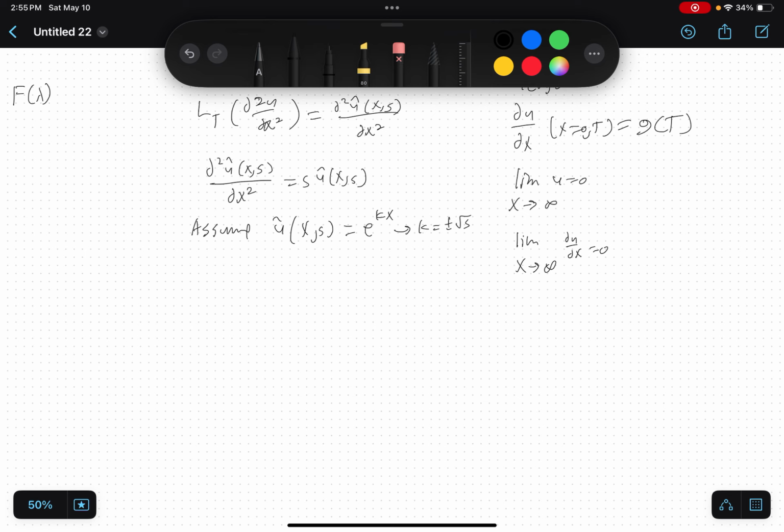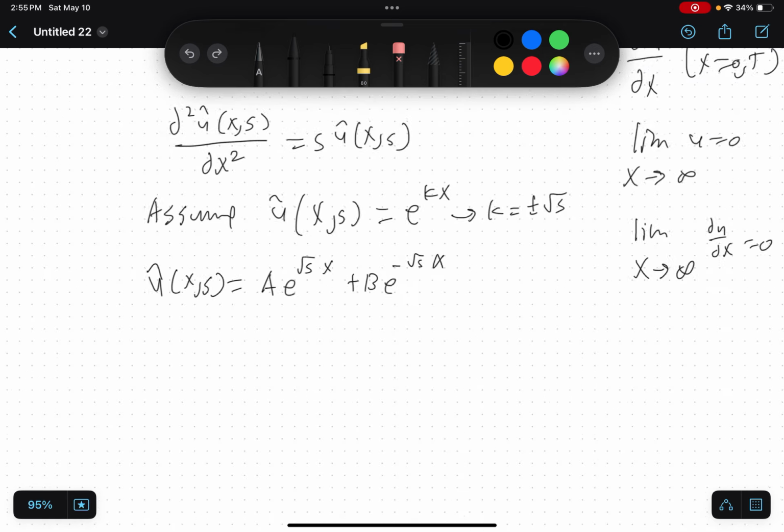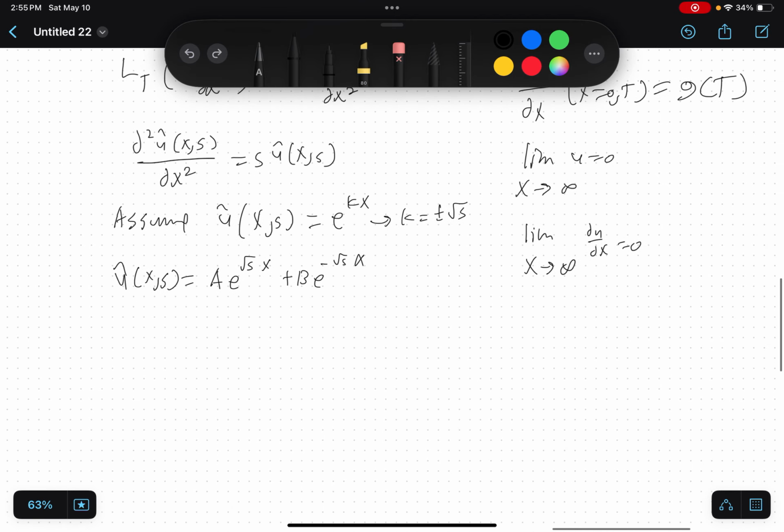I skipped some math there, but that's fine. You could do hyperbolic sine or hyperbolic cosine, but since we have limits, leaving it in e to the power of is easier.